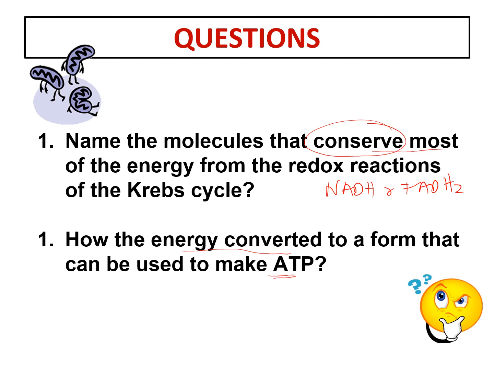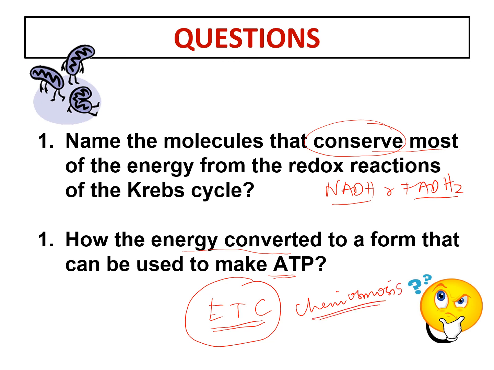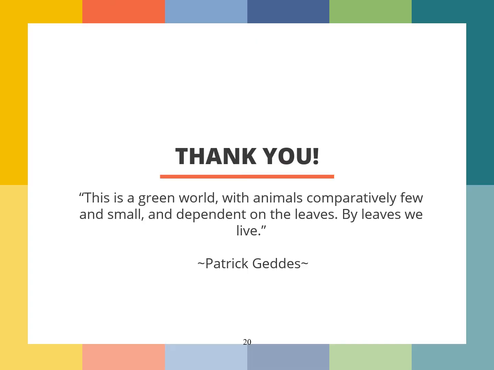Through ETC and chemiosmosis. NADH and FADH2 will donate the electrons because they are the electron carriers. So they will donate electrons to the ETC. Then we will learn later on how ETC and chemiosmosis produce a large amount of energy. Thank you.